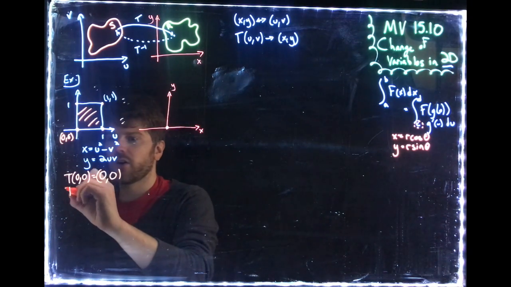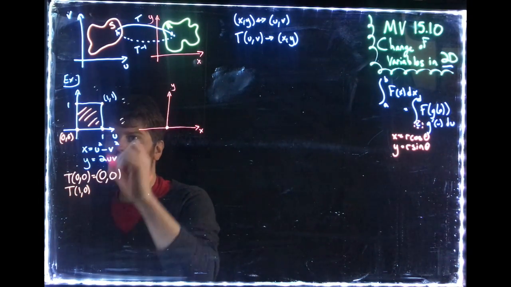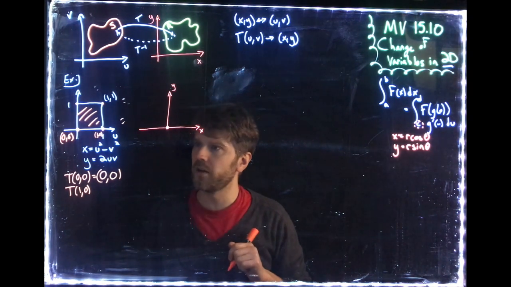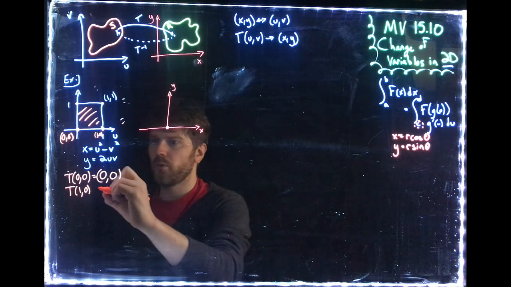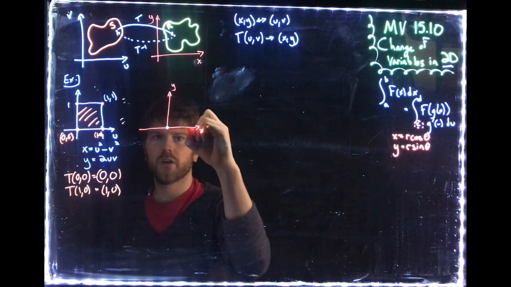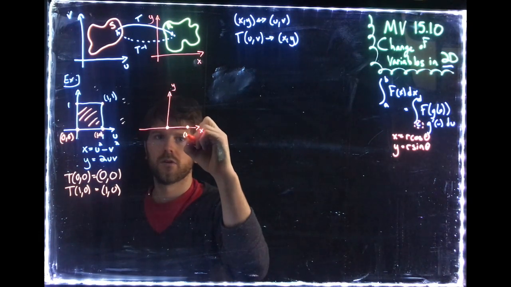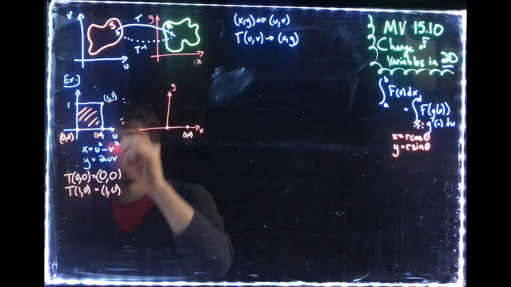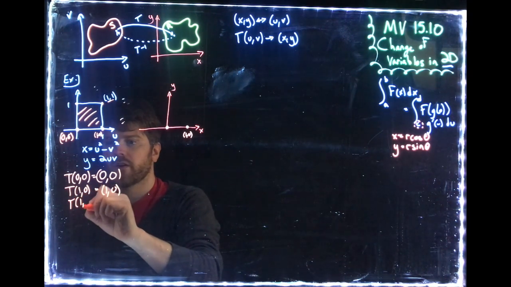If we check our corner at 1, 0, where u is equal to 1 and v is equal to 0, we end up also with the point 1, 0. So far, so good. Okay. What if we check the point 1, 1, which is, of course, the corner of our square?